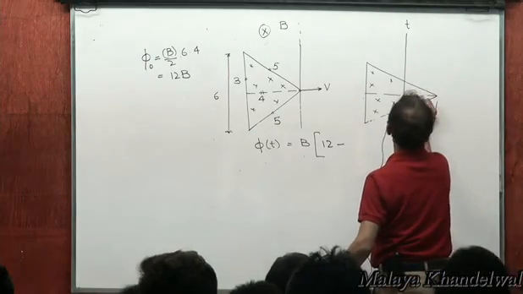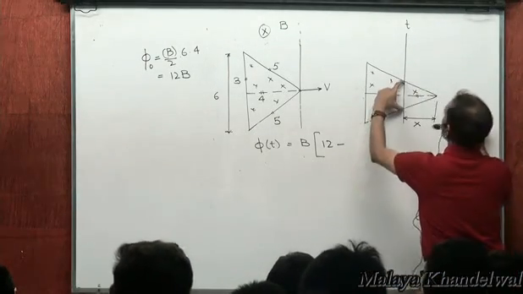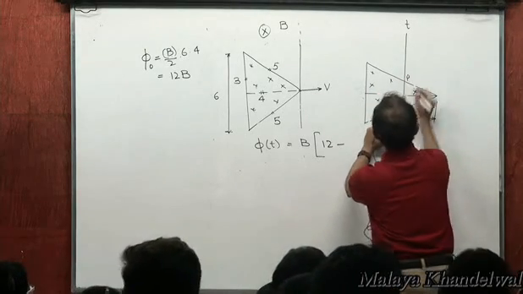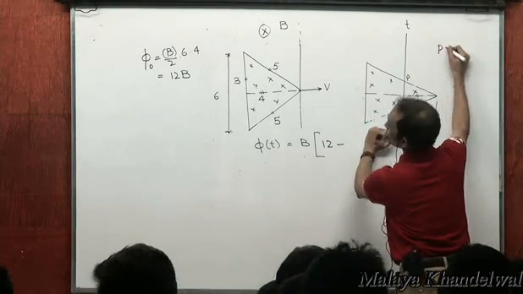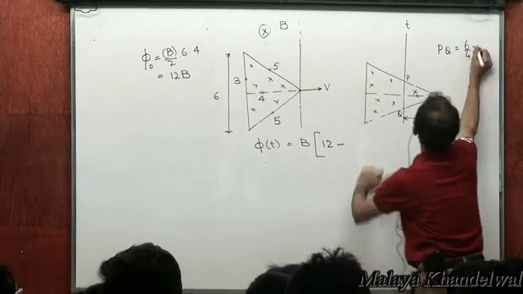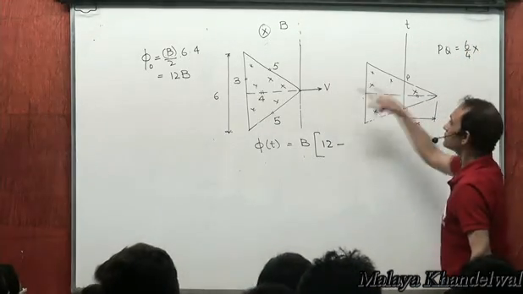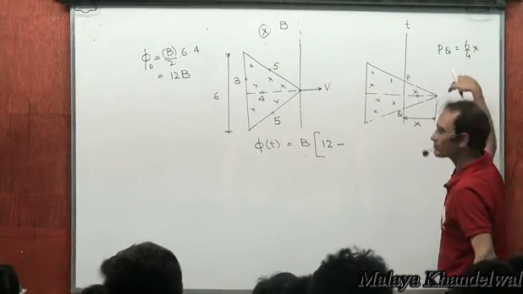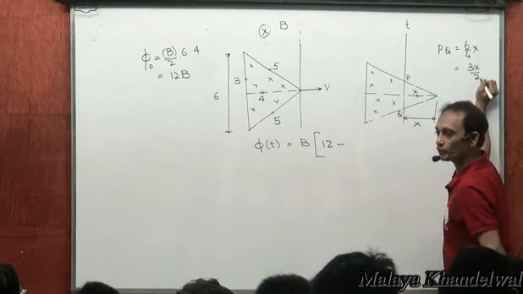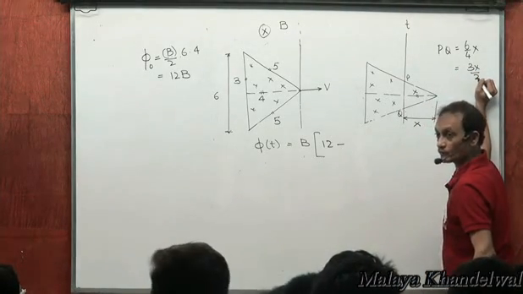See, if x units have moved out, then this length PQ, from similar triangles, is 6 by 4 into x. Do you realize that? 6 by 4 into x, right? That means 3x by 2 is going to be PQ, right?